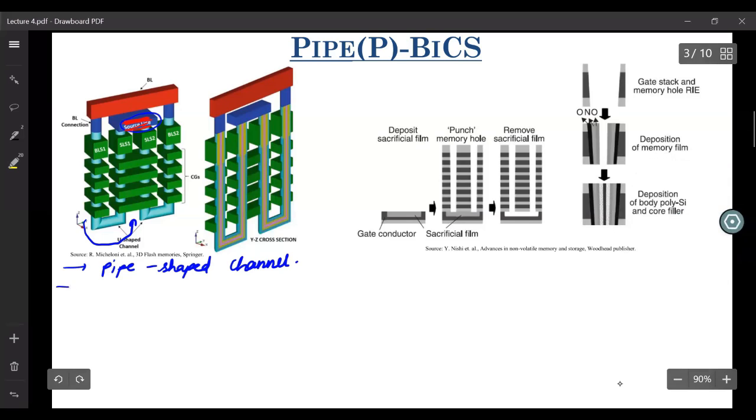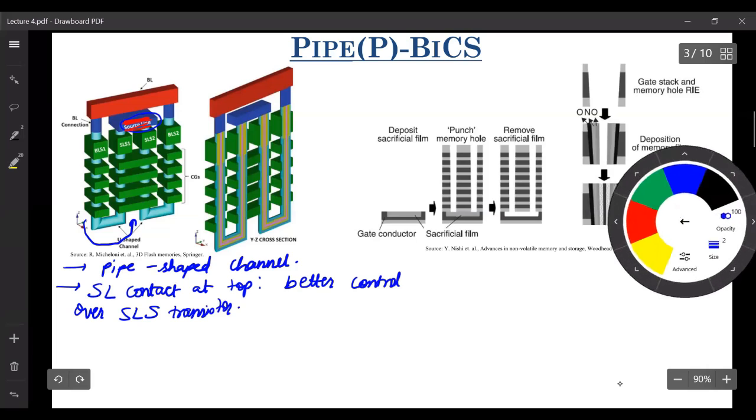And since you now have your source line contact at the top, you have better control over your source layer select transistor.